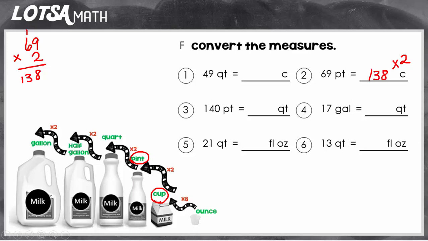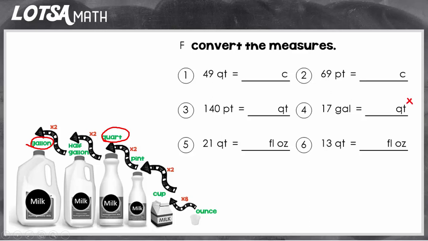All right, let's do number 4, and we'll make this our last one. So from number 4, we're going from gallons to quarts. I'm larger to smaller, so horse to fly, I'm going to multiply. But I have to figure out multiply by what? Well, I have to ask myself how many are in 1. How many quarts are in 1 gallon?